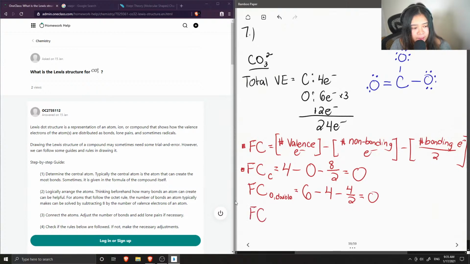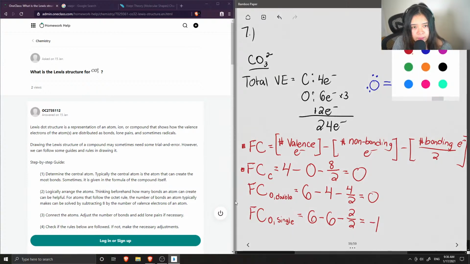And now let's calculate the formal charge of our 2 single bonded oxygens. They have 6 valence electrons and 6 non-bonding electrons. And they both have the single bond, so there are 2 bonding electrons divided by 2. So 6 minus 6 minus 1 is -1. So we can show that these 2 oxygens will have a formal charge of -1.